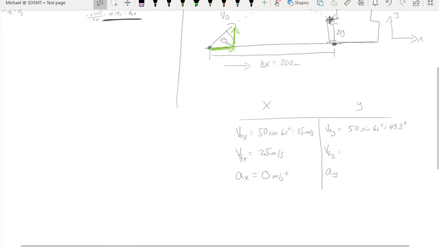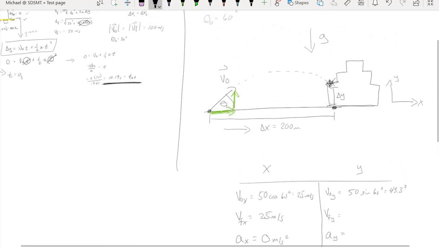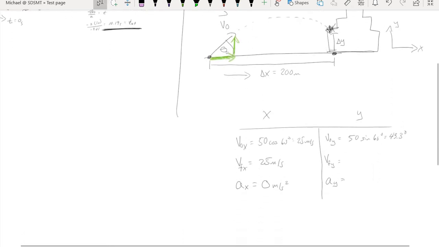It also has to be 25. Acceleration in the y direction is gravity. Gravity is pointing in the negative direction with respect to our defined reference frame. We have our displacements and our times.